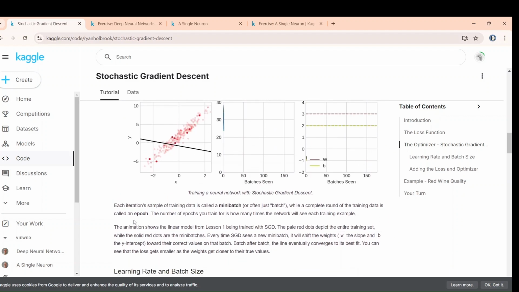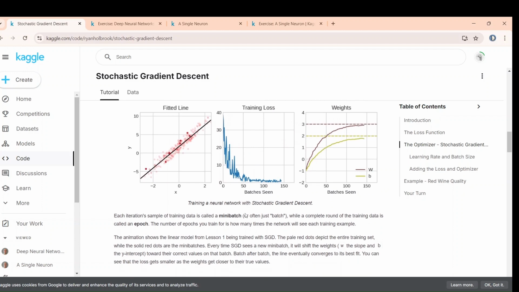See, now let's read this. Each iteration's sample of training data is called a mini batch. Simple thing: when you are taking some sample from the training data and trying to calculate the fitted line, that is known as a mini batch, or we can say batch.